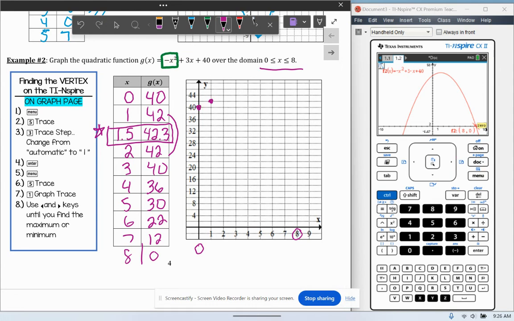(1, 42), now this is where we need to be careful. This is 1.5, so that's right here, 1.5, and then it goes up to 42 and some change.